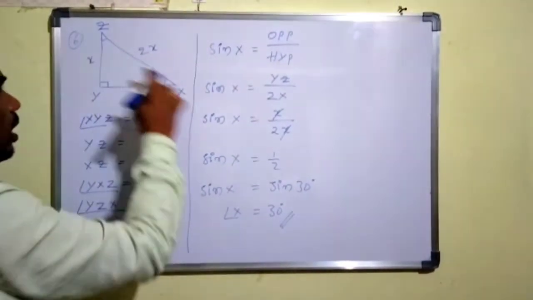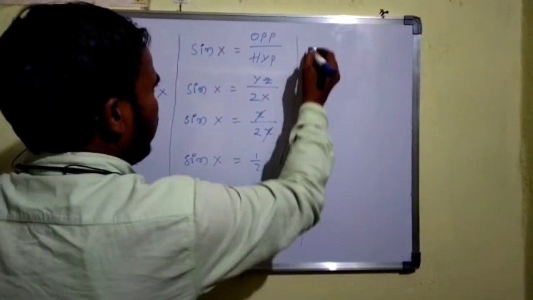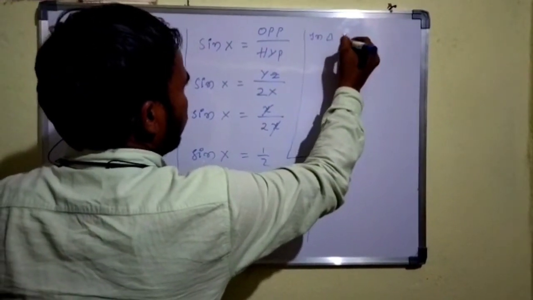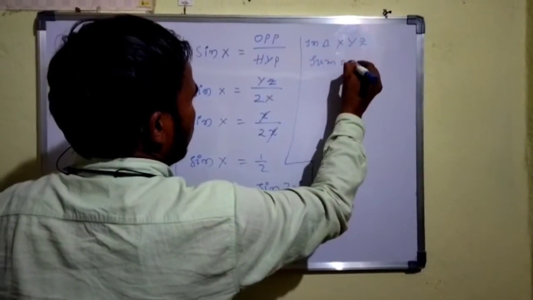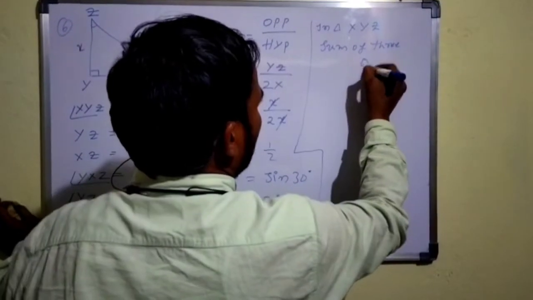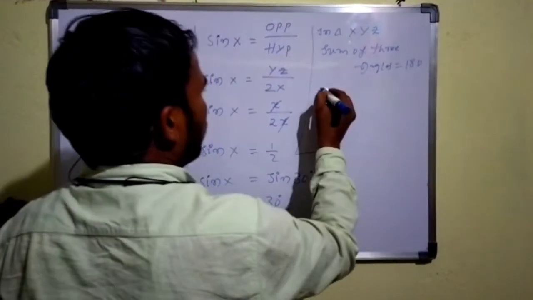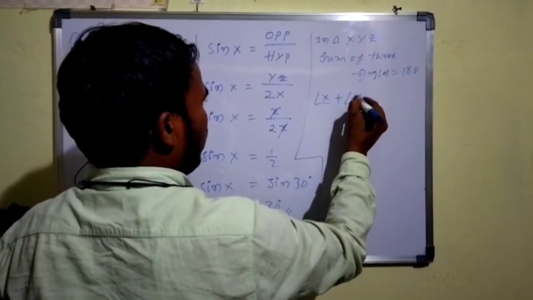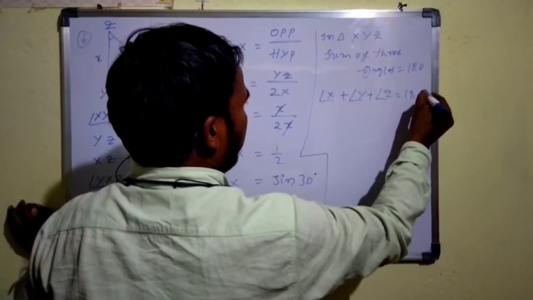So sum of three angles in a triangle XYZ is equal to 180 degrees. So angle X plus angle Y plus angle Z is equal to 180 degrees.